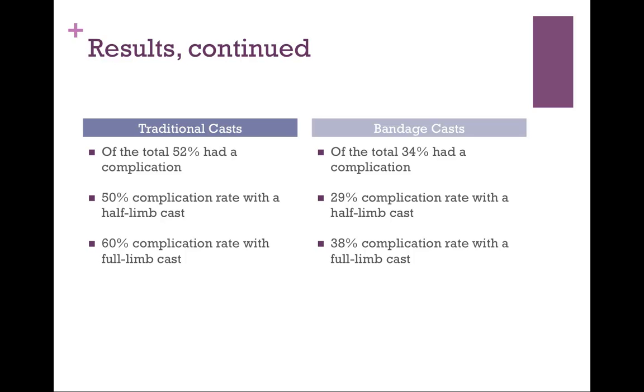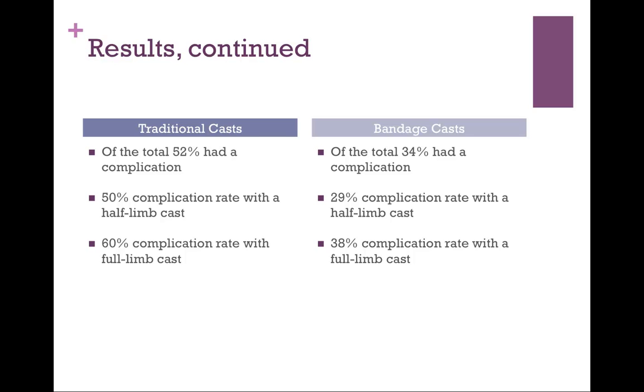They also found differences in complications when comparing the traditional cast to bandage cast. Of the horses that had a traditional cast, 52% had a complication. Of the horses that had a half-limb cast, they saw a complication occurring in 50% of those, with a complication occurring in 60% with a full limb cast.